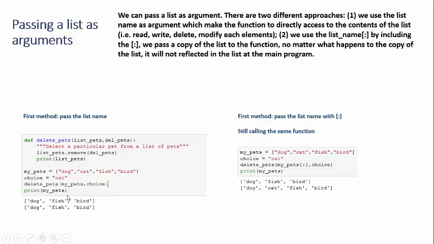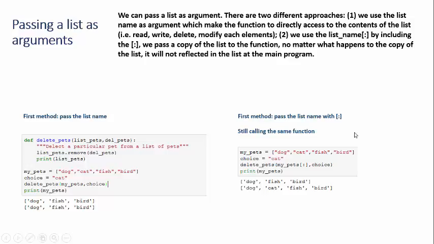Basically, when you pass a list by its list name, you pass the entire list into the function, and any change to the list is permanent. In the main program, you have the name my pets. Anything we removed within the function will be removed from the main program as well.